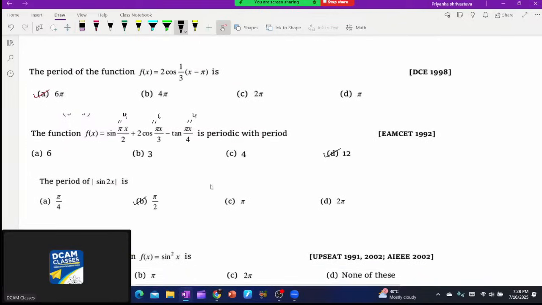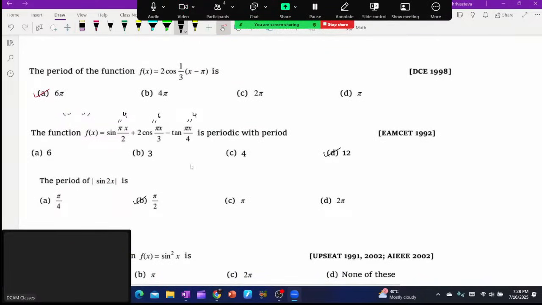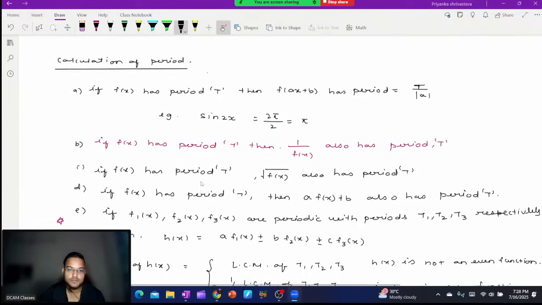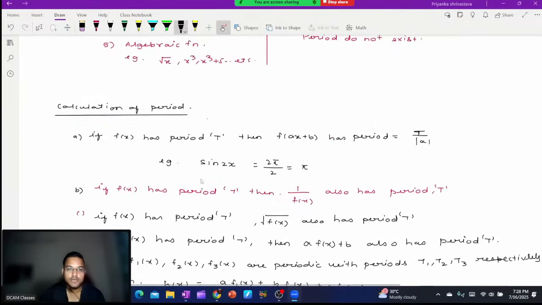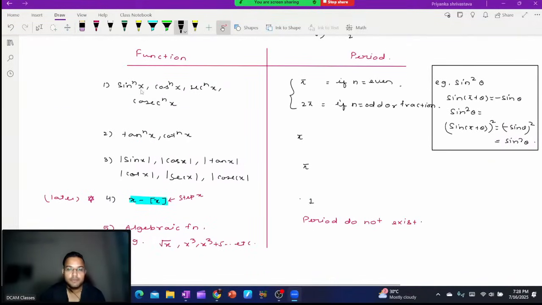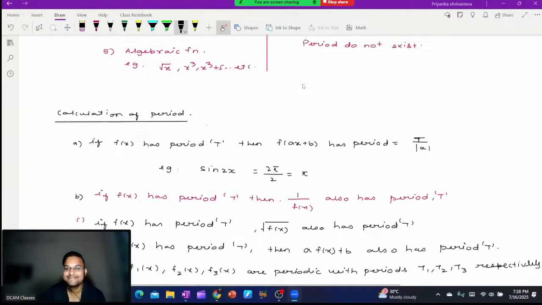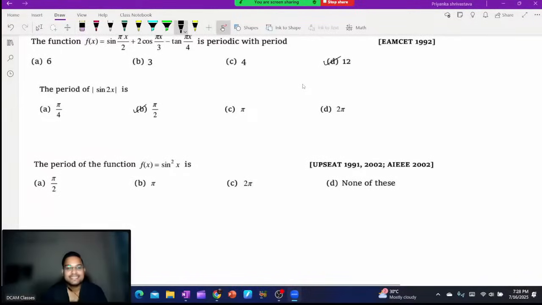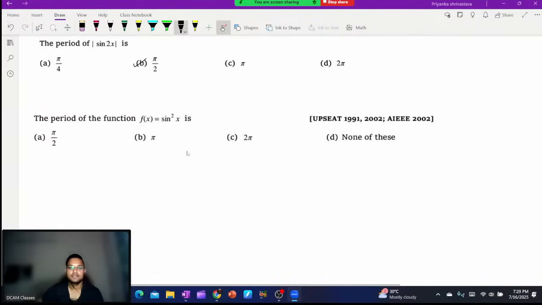See, there are two ways of solving this question. Either, as I have told you, whenever sine power n x is there, if n is even, the period will be pi. The other way is, some people solve it like this: sine square x is 1 minus cos 2x by 2.